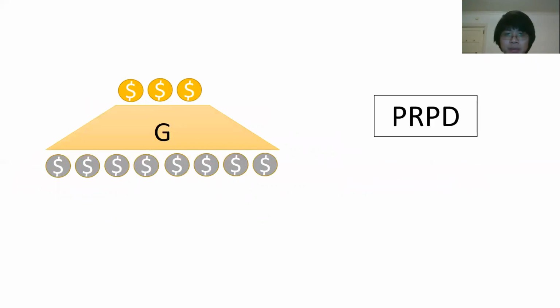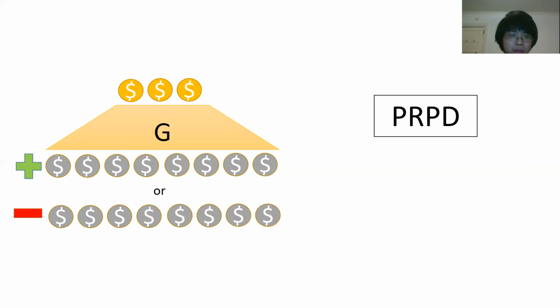But in a pseudorandom pseudo-distribution, the difference is the output of the generator can not only contribute positively to the approximation, but it can also contribute negatively to the approximation. And we will need another function rho to compute this signed weight.